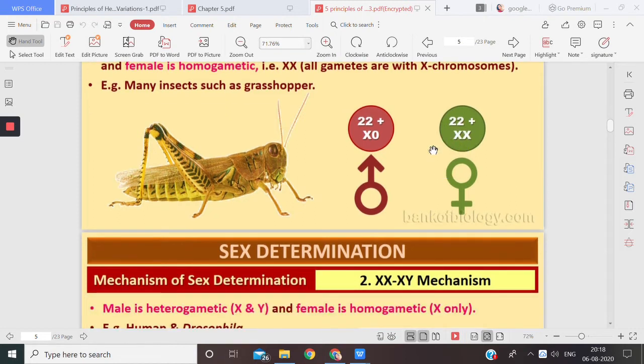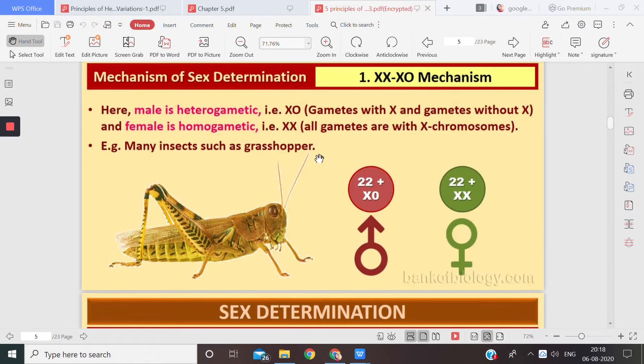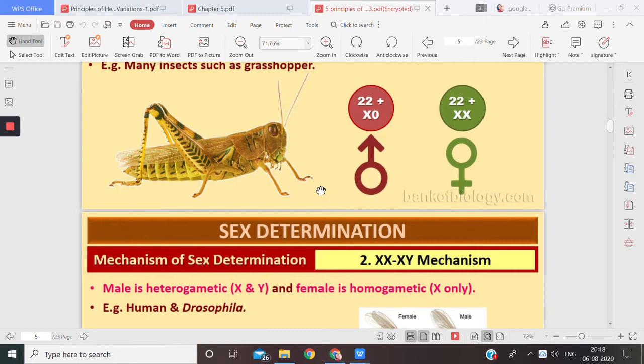These are the total chromosomes contained by a grasshopper. Many insects and grasshoppers are examples of this.